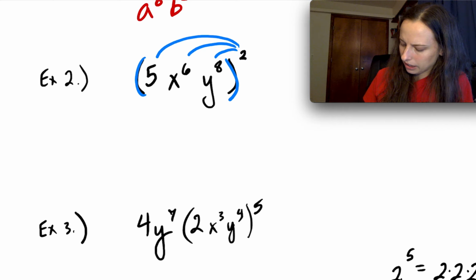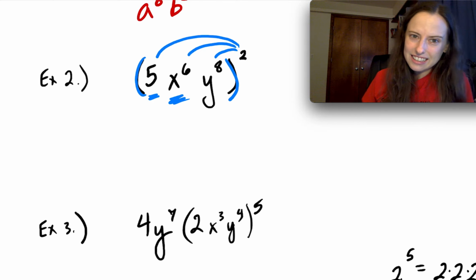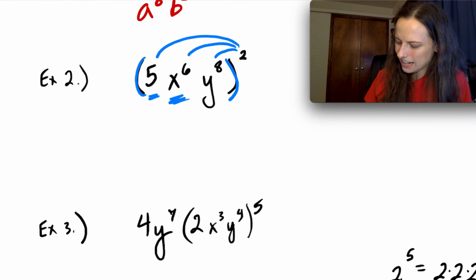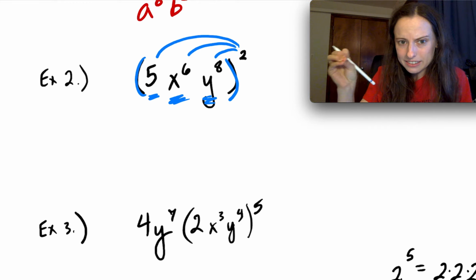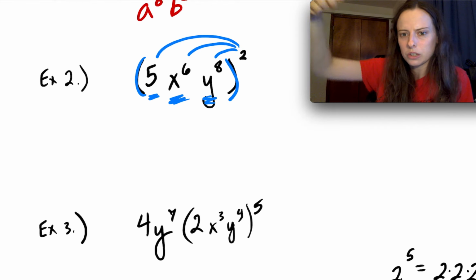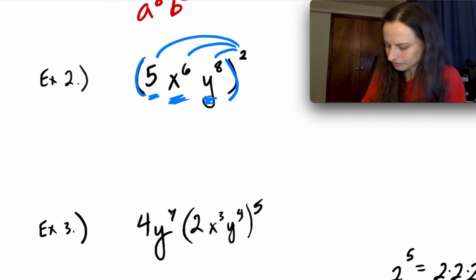So think about it. We've got a 5 inside the parentheses, an x to the 6th, and a y to the 8th. So those are 3 different things that the 2 is distributing to.